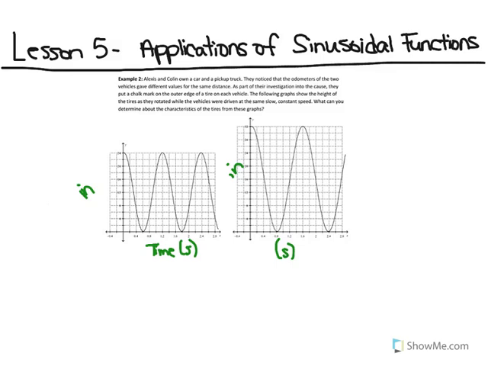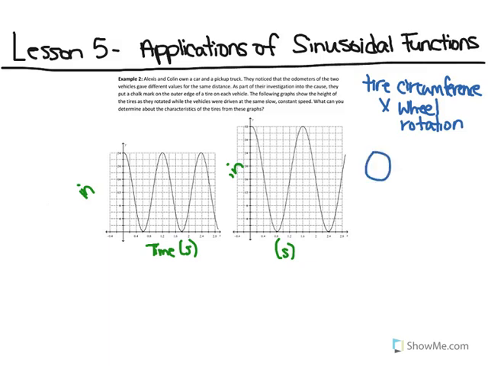So they take the tire circumference and they multiply it by the wheel rotations, which makes sense because when you go across a wheel an entire time, when they've gone the full length of the tire, it would be the whole circumference. This would be the distance it rolled out.